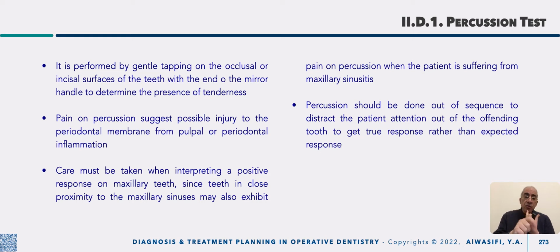Then just tap on central and refer to upper molar, then coming back to the lower one, then coming to the offending tooth and trying to distract the patient to diagnose properly the painful response to percussion. Otherwise, if you are going in a proper sequence or order, then when you are coming near to the offending tooth, the patient will be ready to respond even if there is no pain.